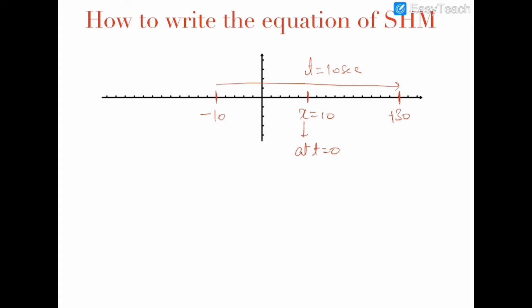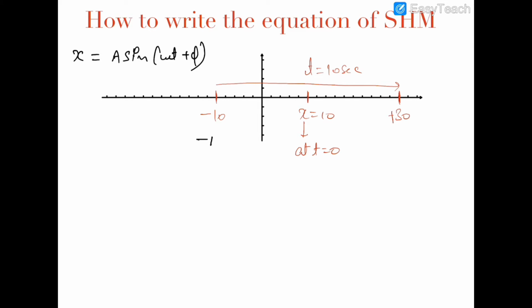When we write down the equation of SHM, in the general form, x is equal to a sine omega t plus phi. And when we write this equation, we are assuming that the mean position is x is equal to 0. But in this case, the particle is moving between -10 to 30.